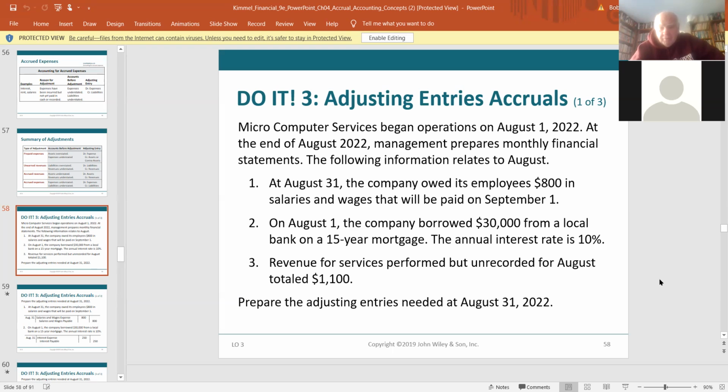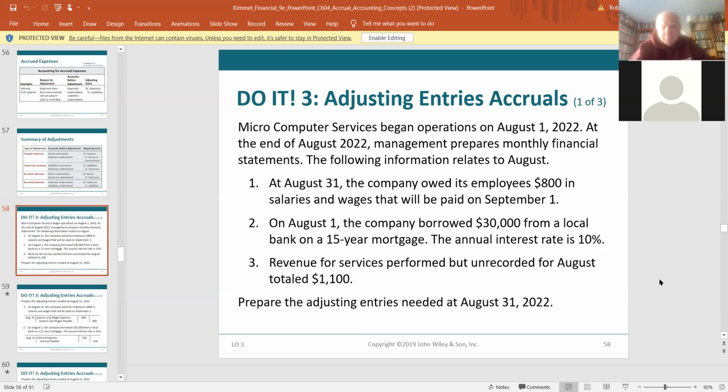They borrowed $30,000 from the local bank on a 15-year mortgage. The annual rate is 10%. And as we were saying earlier, Wendy, when you see a percentage, that means the percentage for a year. So 10% of $30,000 is $3,000, and if we have to break that down into one month, we do it by dividing by 12.